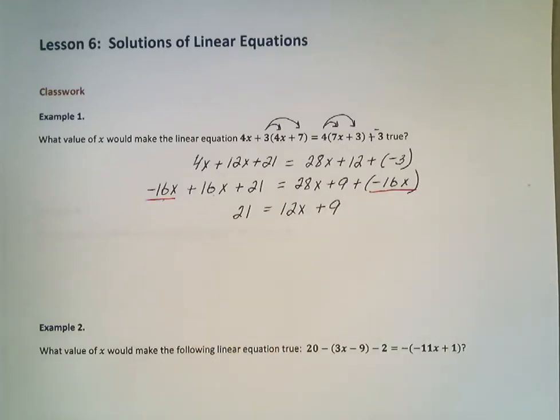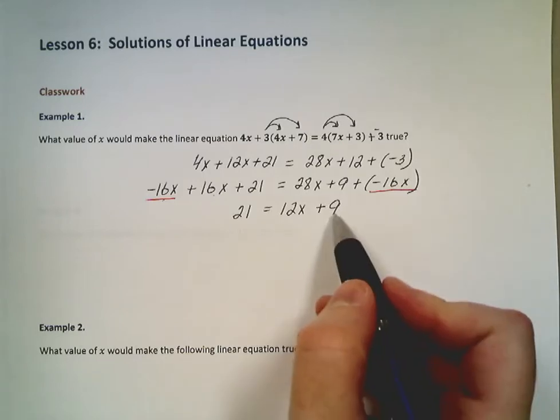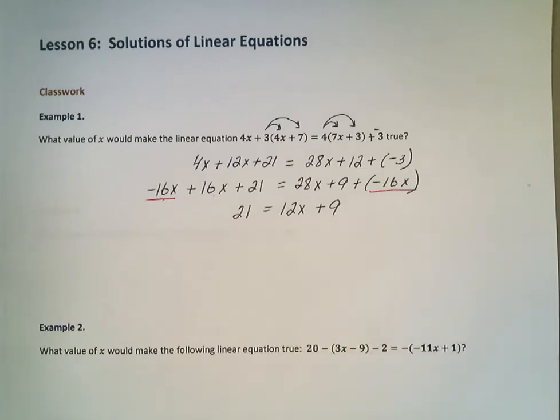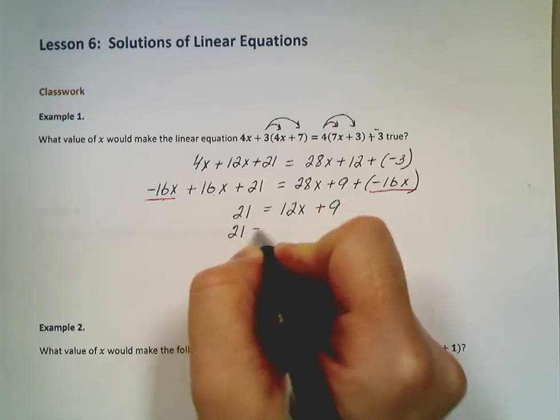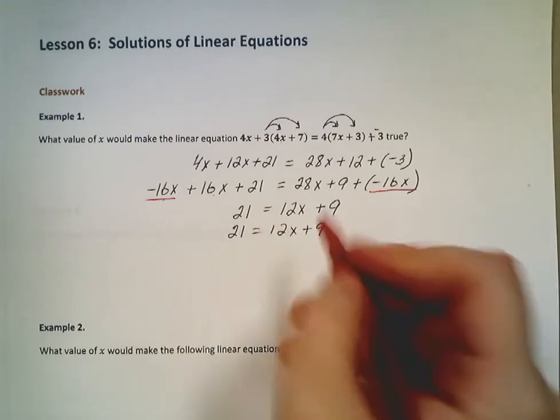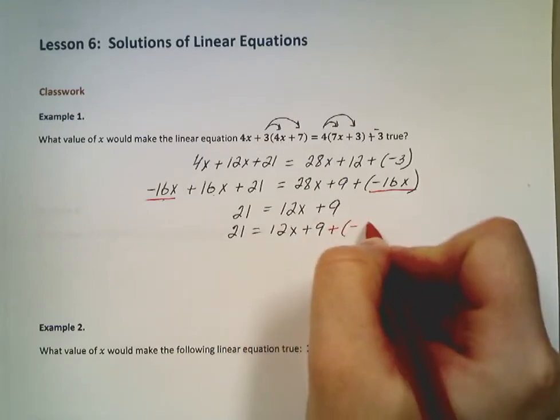My next step will be to get rid of the 9 that is on the same side as x. My goal is to have x on its own, right? So this is our two-step equation. I'm going to rewrite 21 equals 12x plus 9, and I'm going to add negative 9 to both parts.